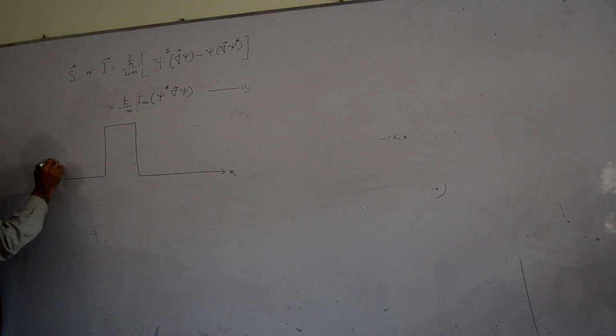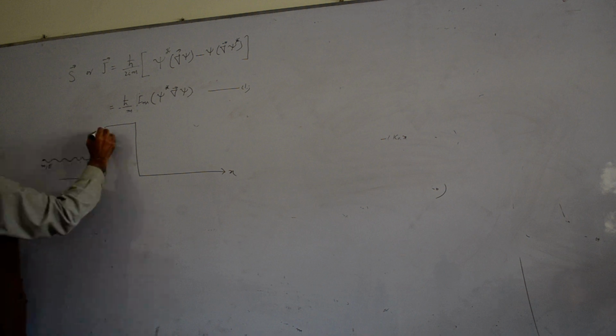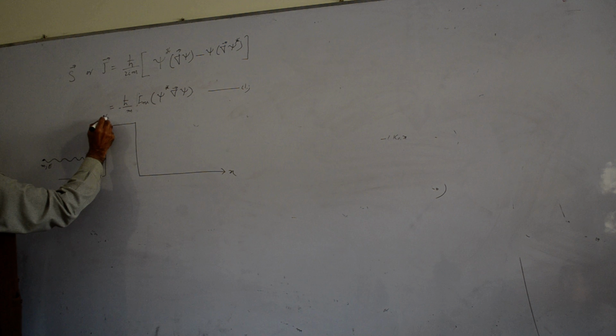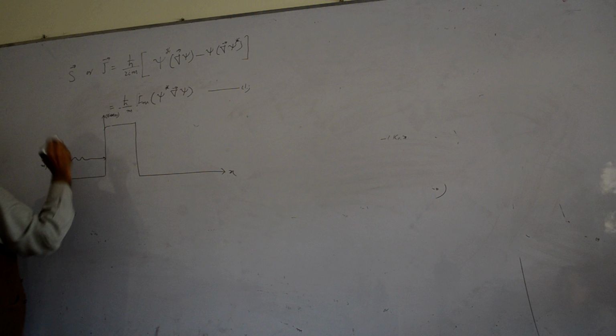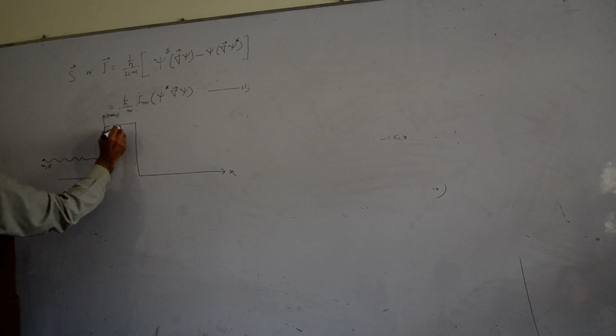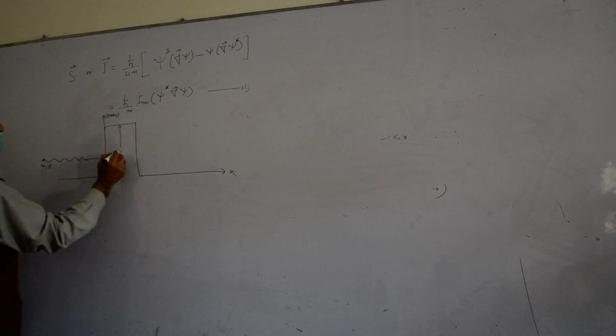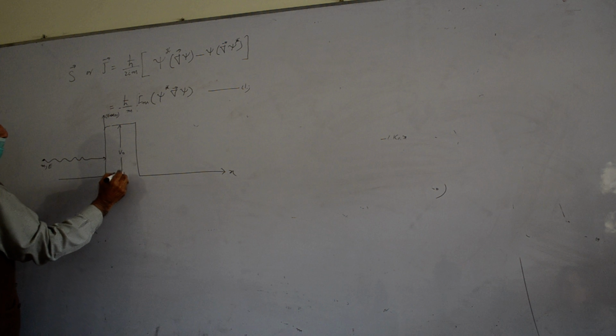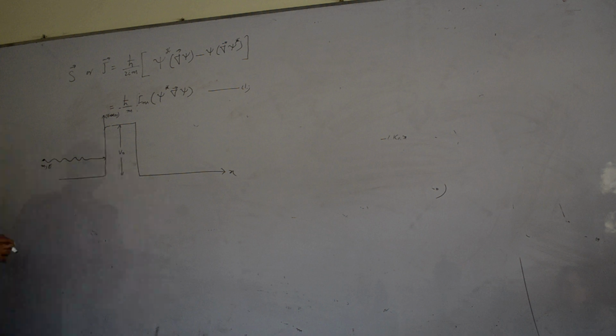Particles of mass m and energy E, they are moving in that direction. Mass m, energy E, here. Height of the barrier is V naught. Now this is different from the first one.